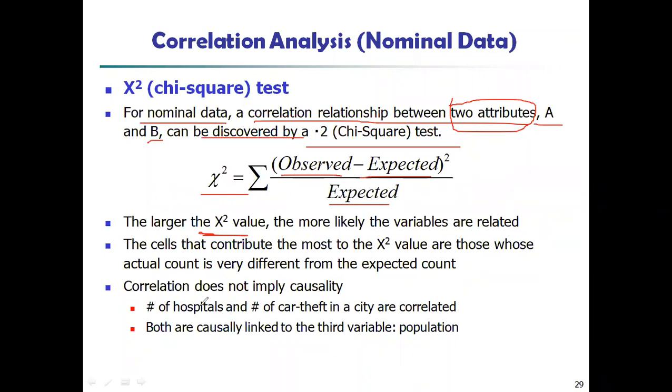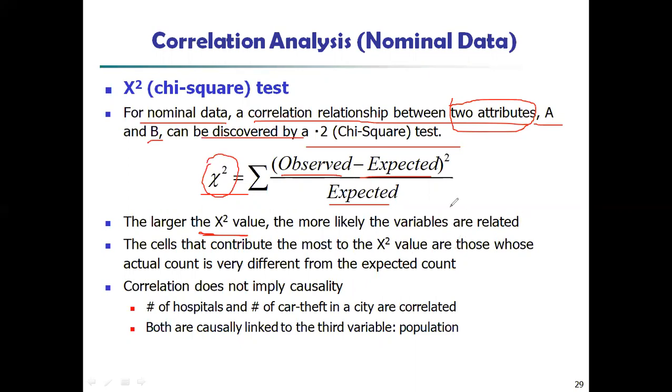If you observe attribute A and attribute B, here we are going to calculate the correlation between the two attributes, isn't it? After applying this formula to your A and B values, if the chi-square value is higher, then the two attributes may be correlated. If not, those two attributes are not correlated much.